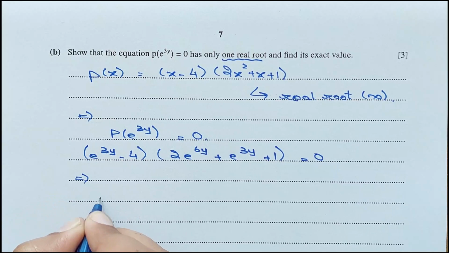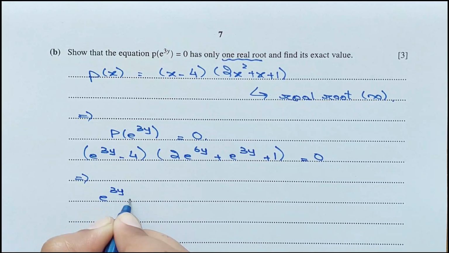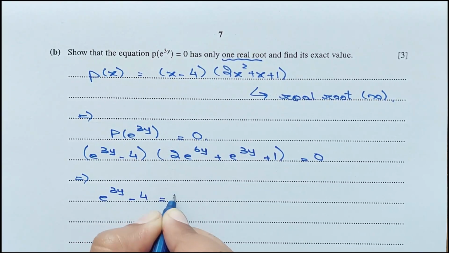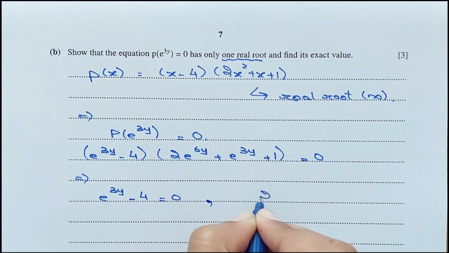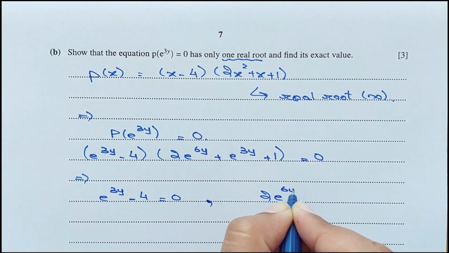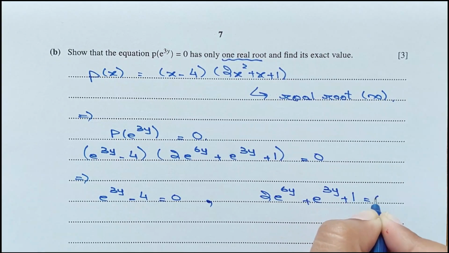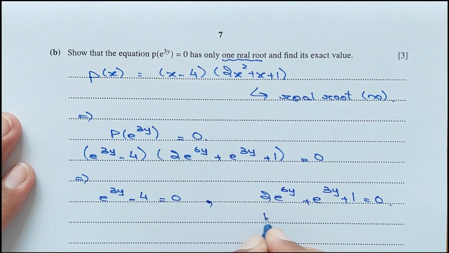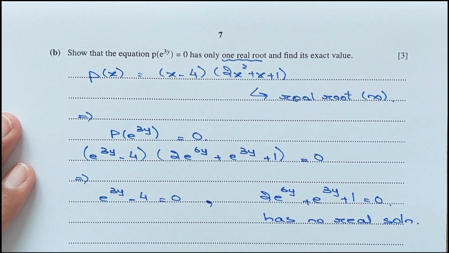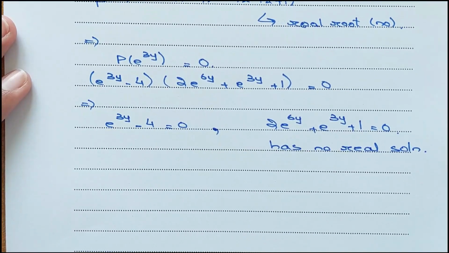So from here we can say e^(3y) − 4 would be equal to 0, since 2e^(6y) + e^(3y) + 1 = 0 has no real solution. We already checked that from the discriminant in part A, right?